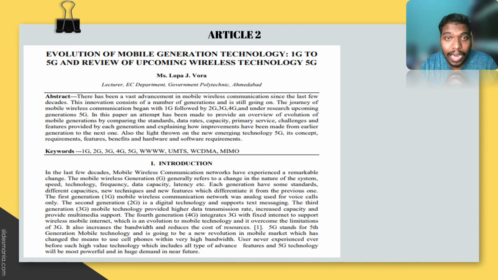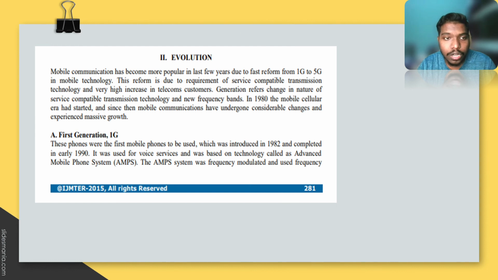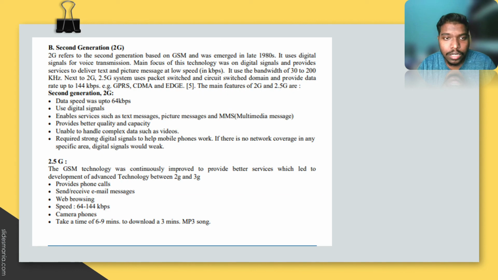This is article 2, evolution of mobile generation technology 1G to 5G and review of upcoming wireless technology of 5G. This is the introduction, then evolution, first generation, second generation 2G, and then 2.5G.